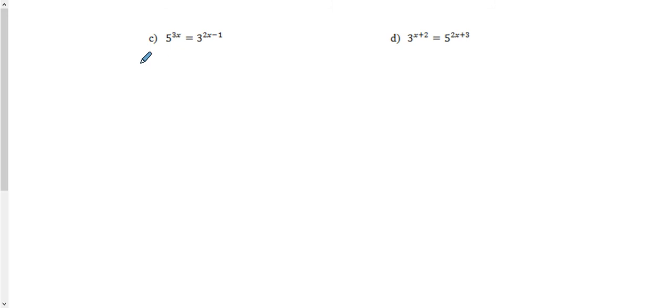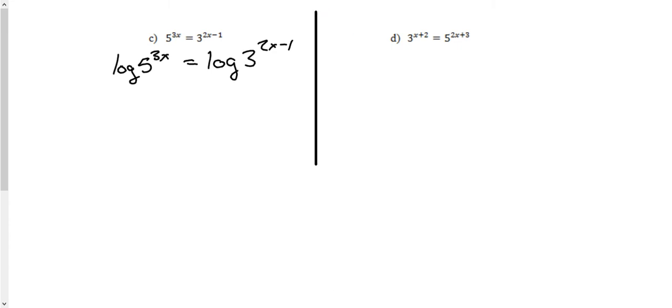So here we go. On the left, I'm just going to rewrite the left as log of 5 to the 3x is equal to log of 3 to the 2x minus 1. There we go. I'm just going to split my page in half here as well, just so that I can keep track of both sides.